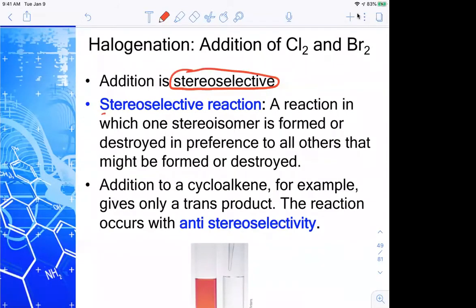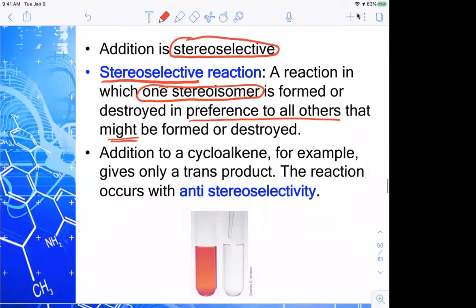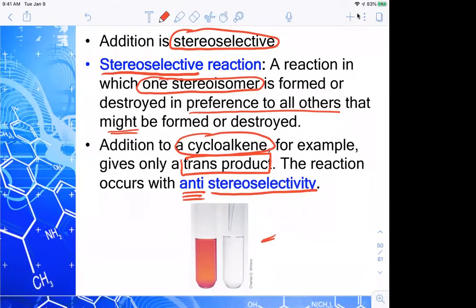So a stereoselective reaction is a reaction in which one stereoisomer is formed or destroyed in preference to all others that might be formed or destroyed. When I add to a cycloalkene, for example, I only get the trans product. And that correlates to something called anti-stereochemistry.